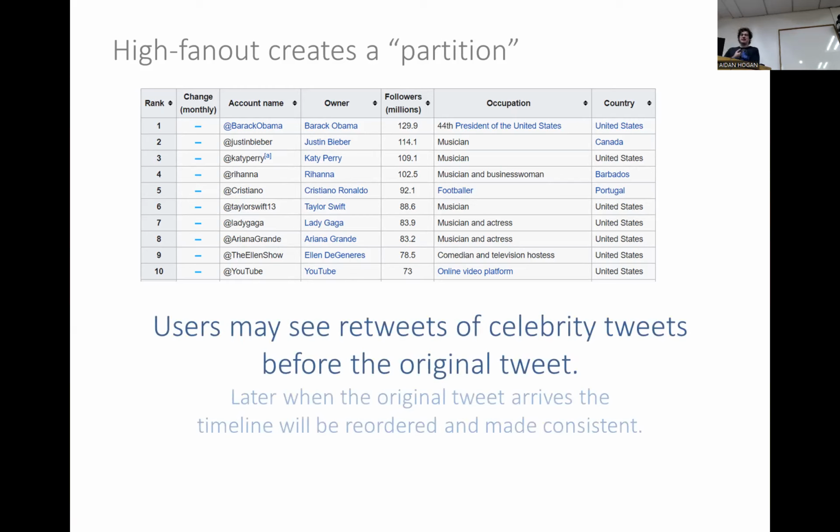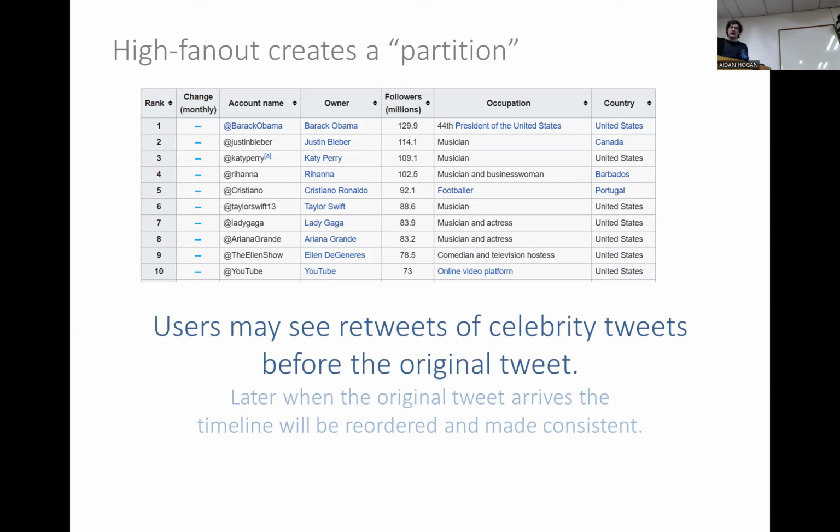As a result, I don't know if people here use Twitter a lot or not, but sometimes users may see retweets of celebrity tweets before the original tweet. You might see a retweet of someone that you also follow, and then later you get the original tweet. So this is a classic example of BASE. Rather than rejecting your request for a timeline because somebody has posted, it gives you the best effort available data right now.